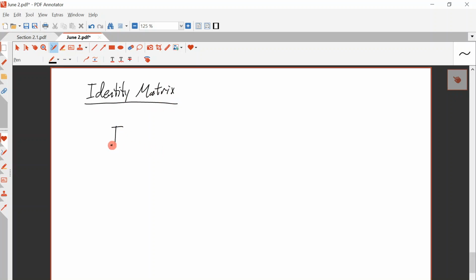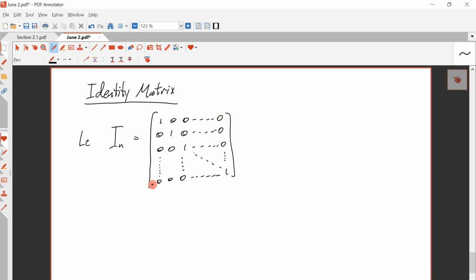Let I_n be the n by n matrix that has 1s along the diagonal, and zeros everywhere else. So I_n is this matrix here.